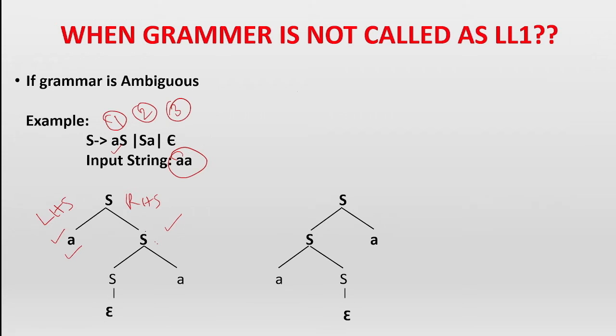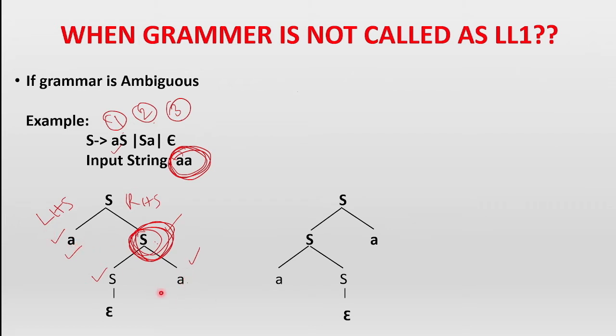Now from this S I can again use production 1, 2 or 3, but I need to get this string aa. So I am using production number 2 now, which is S → SA. From this S I got S and A. Now I want only a as the string, so this is the one a I got and I got one more a over here.